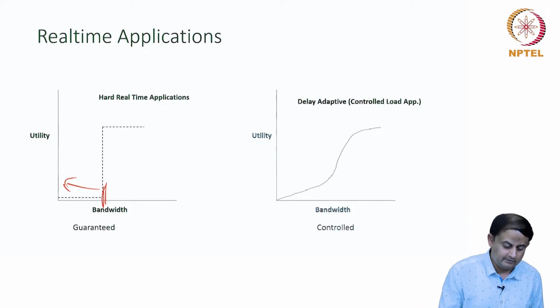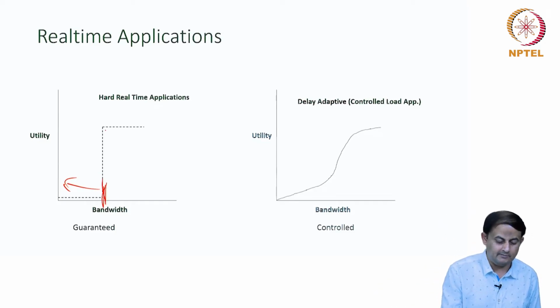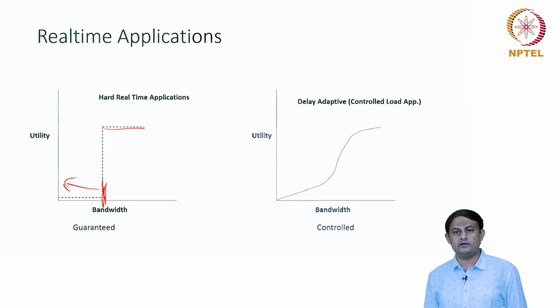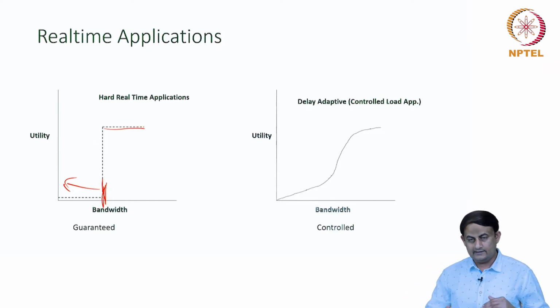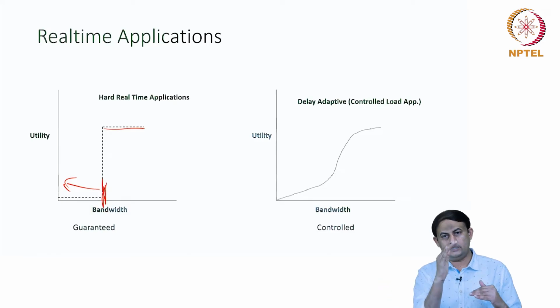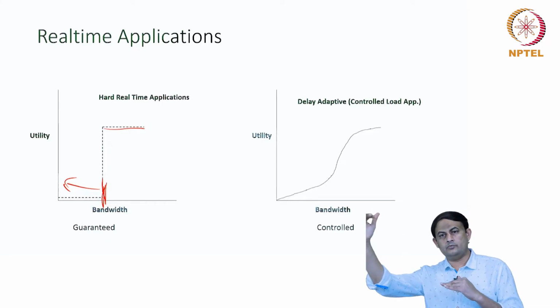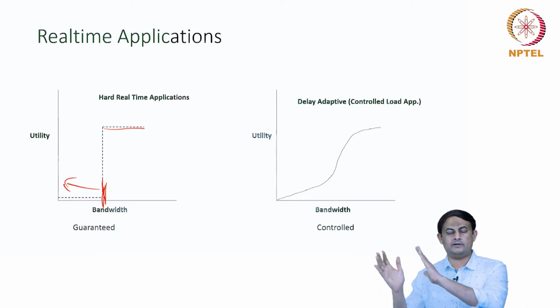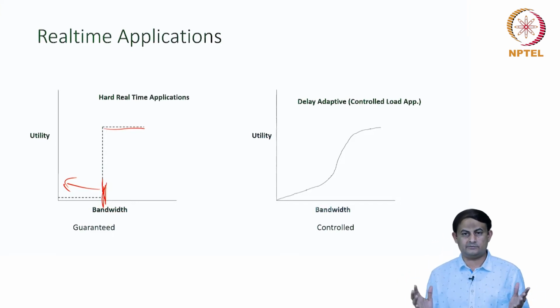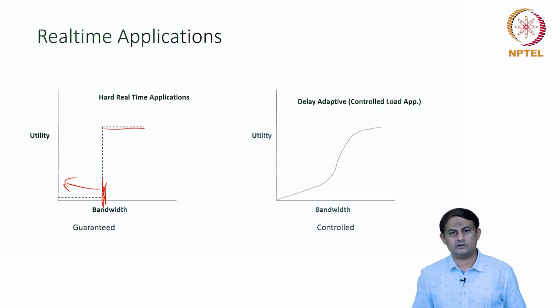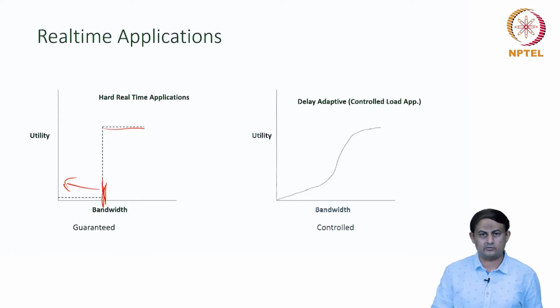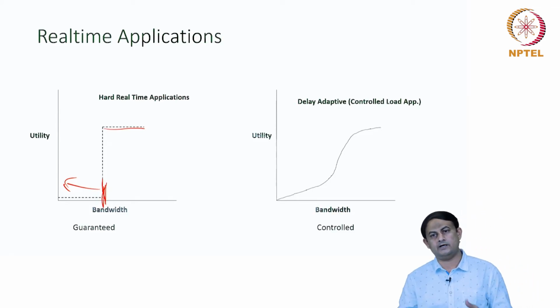But when the bandwidth or the quality of service parameter is beyond this, the utility quotient would be 1. Either it would be 0 when you can't meet the minimum requirement set by that application, or it will be 1 when you are able to meet the requirement set by that application. It is either of these two. So such applications are called hard real-time applications. Whatever quality of service parameter that application requires has to be met.